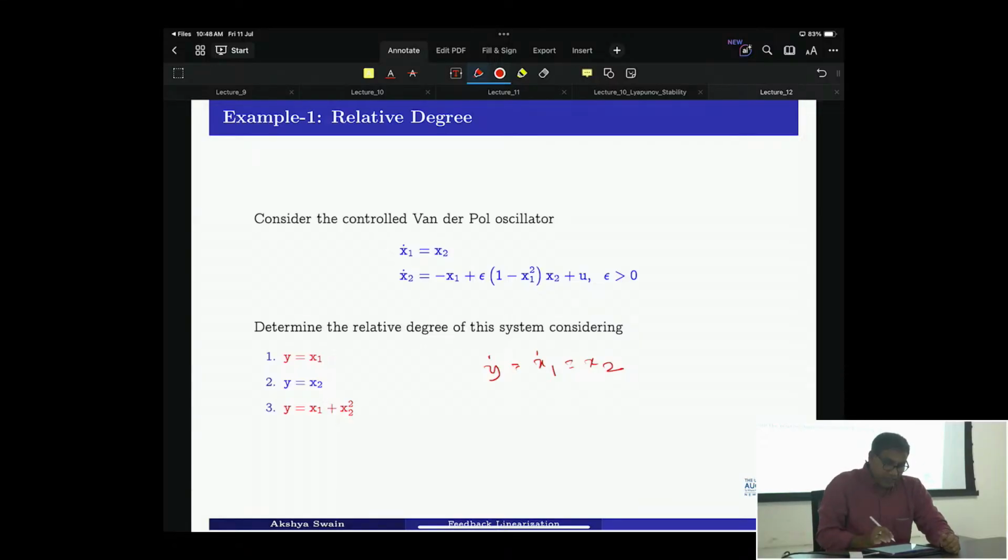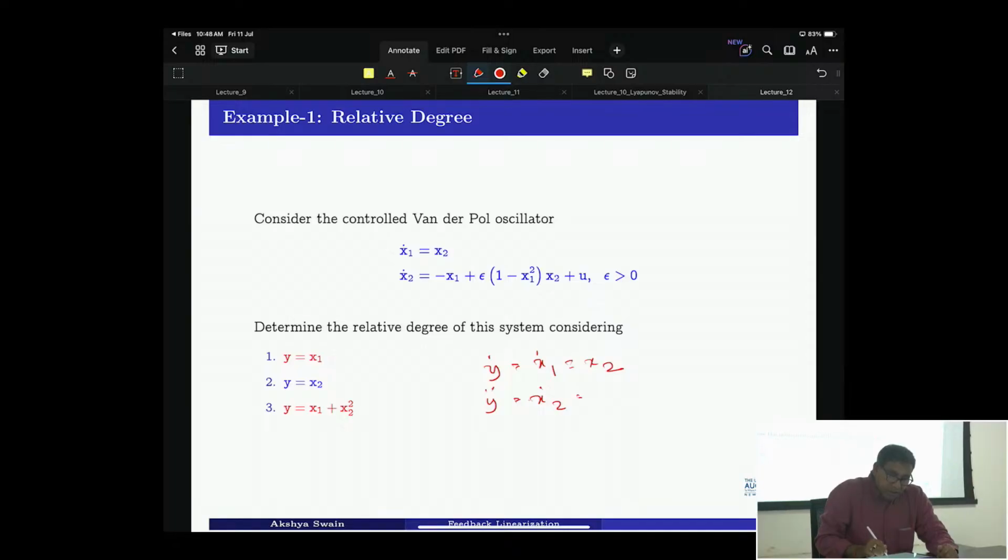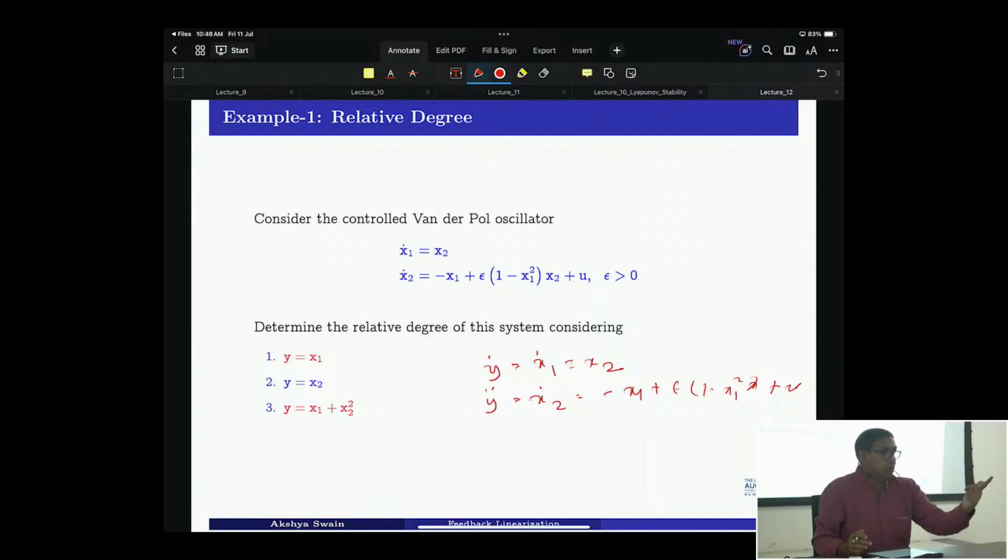Again differentiate. So Y double dot is equal to X2 dot, that is equal to minus X1 plus epsilon times 1 minus X1 square into X2 plus U. U is appearing or not? So what is the relative order then? 2, right?